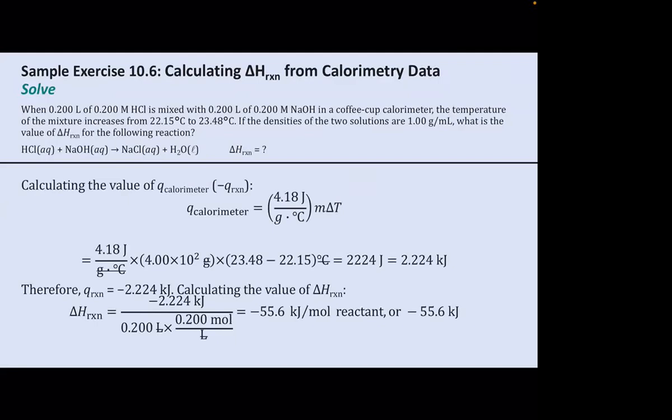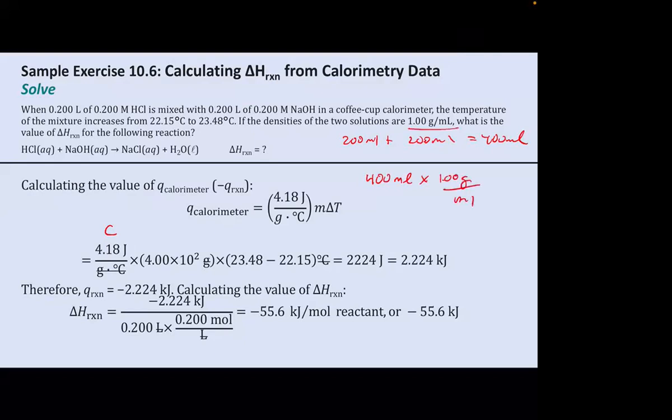Okay, so we have Q. Here's our C. That's the mass of the material. So we've got 200 milliliters plus 200 milliliters equals 400 milliliters. 400 milliliters times, that's why we're given the density, 1 gram per milliliter, I've got 400 grams.